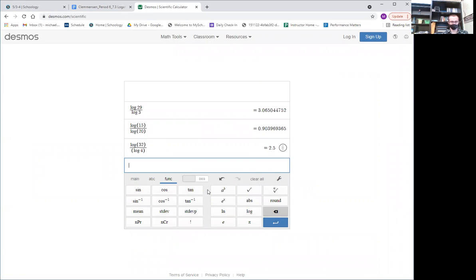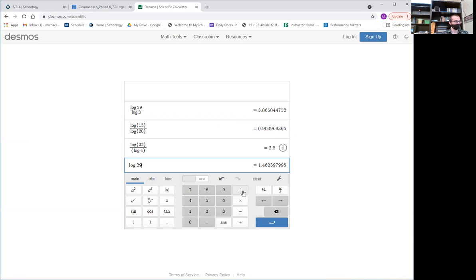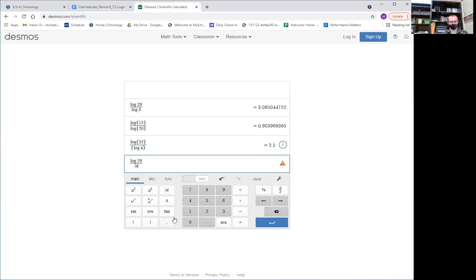We got log 29, so if we're using this Desmos calculator, I just type in log, put my number, and I come over here to the divided by symbol, and I type in log 5. And that gives us this.